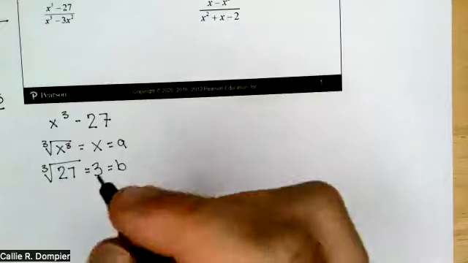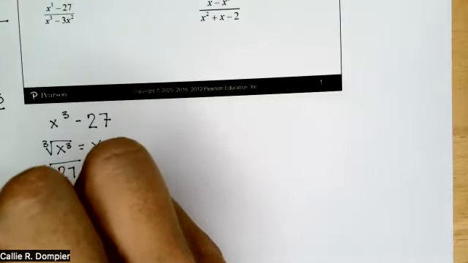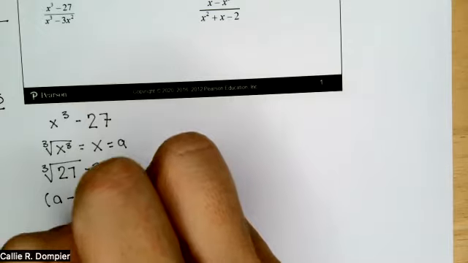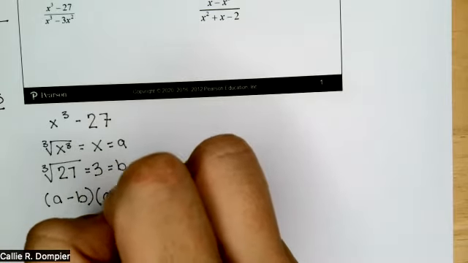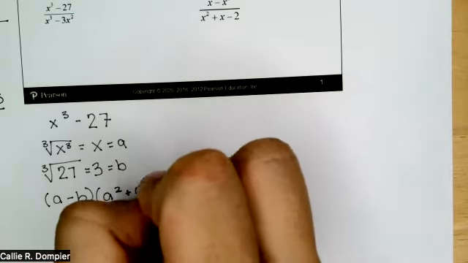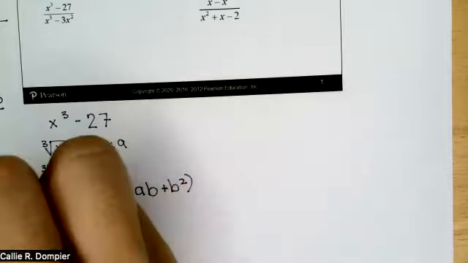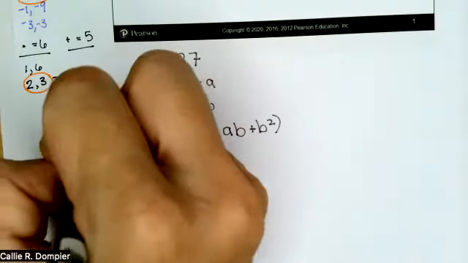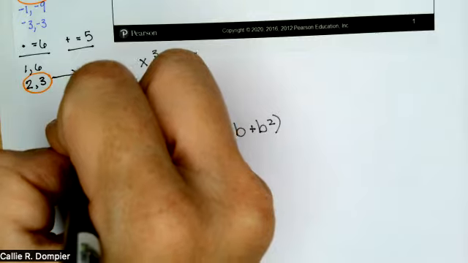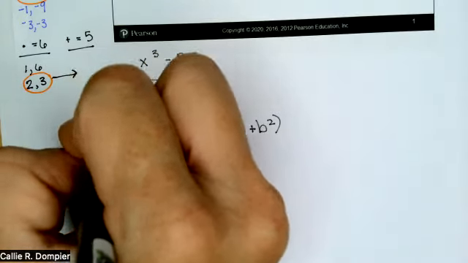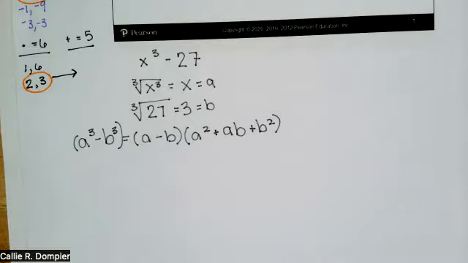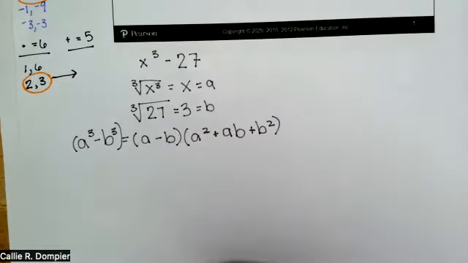So the difference of 2 cubes formula means that it becomes A minus B times A squared plus AB plus B squared. And what it was before was A cubed minus B cubed. Is that all right? Now I know what A and B are, so I can translate that.